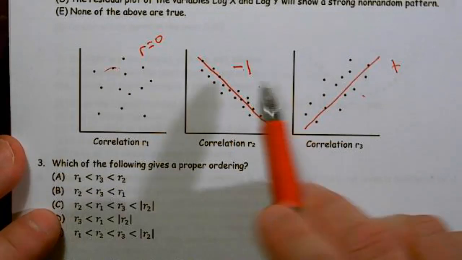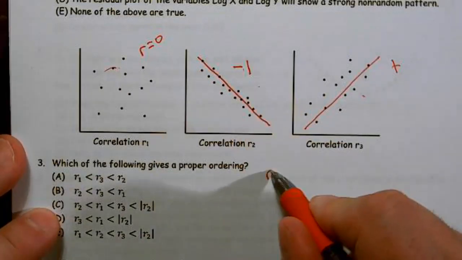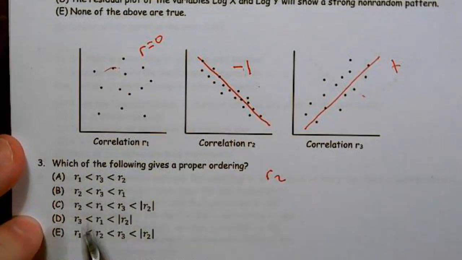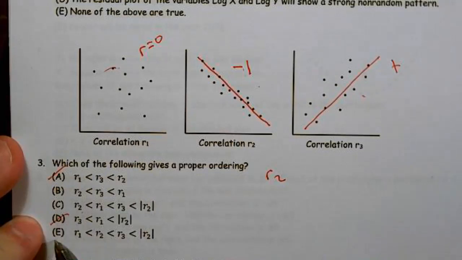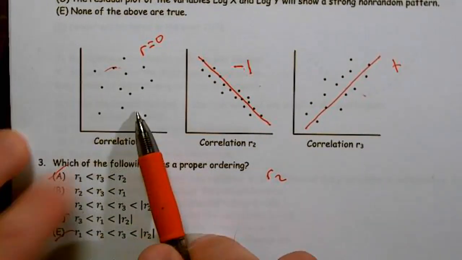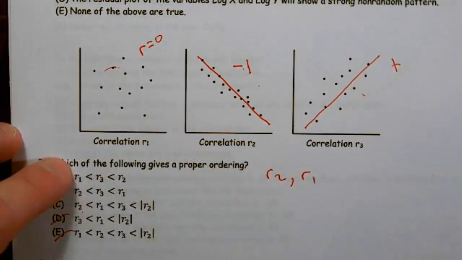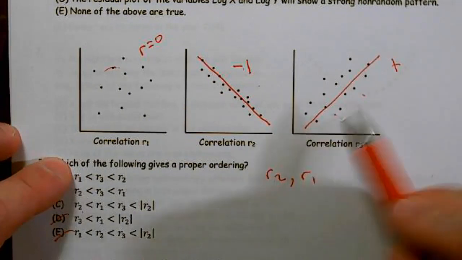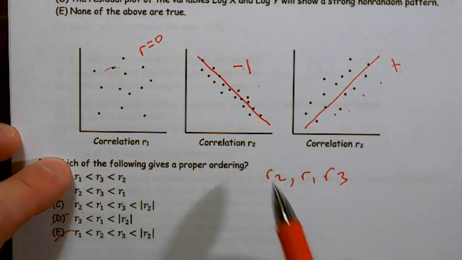So first off, this is going to have the smallest. So R2 is going to have to be the smallest. So we need to be looking at the ones that start with R2. And then after that, the next smallest R is going to be R1. The next will be R3 because it's positive.